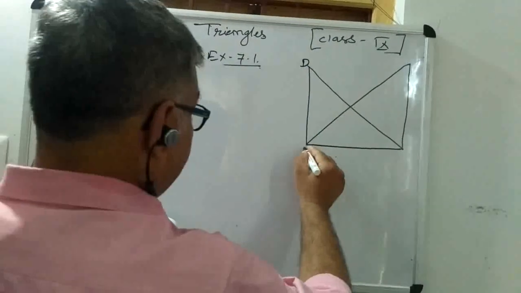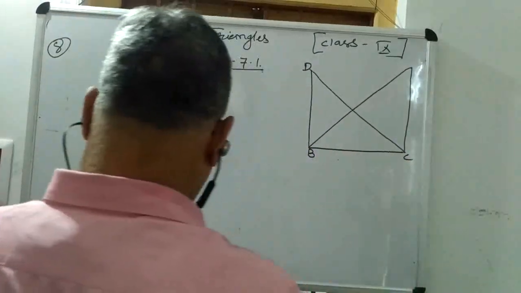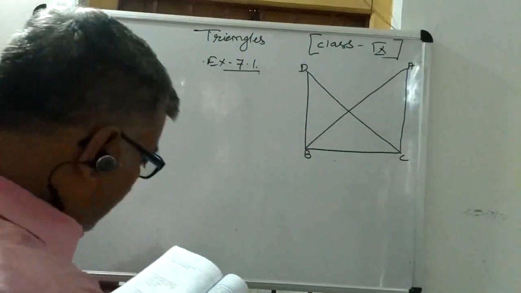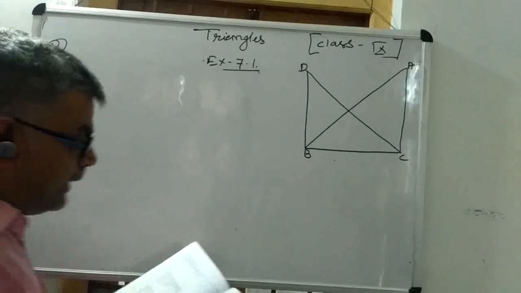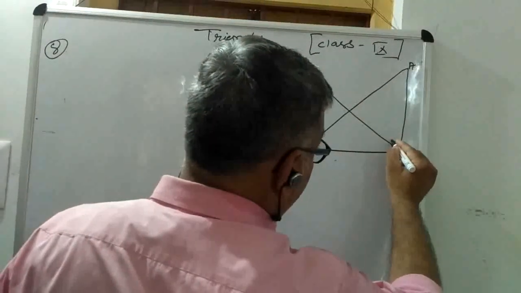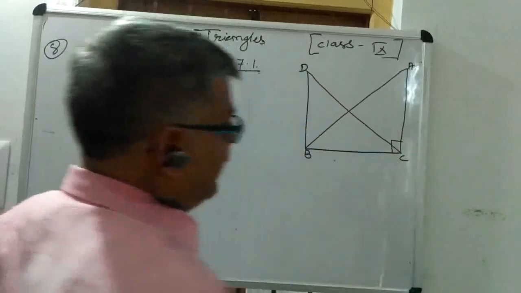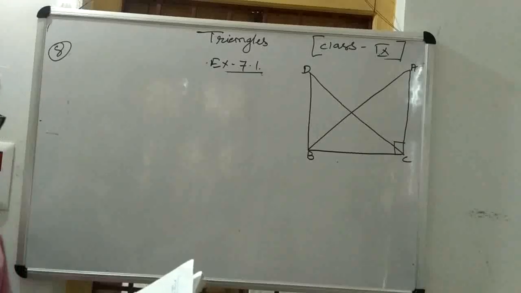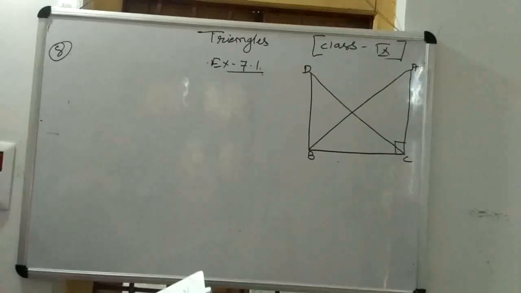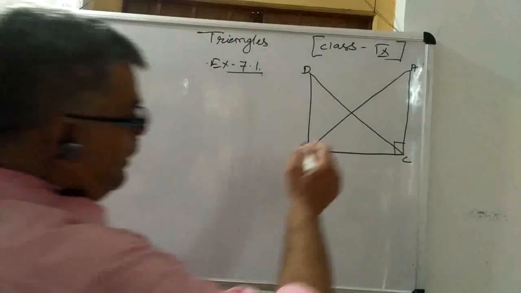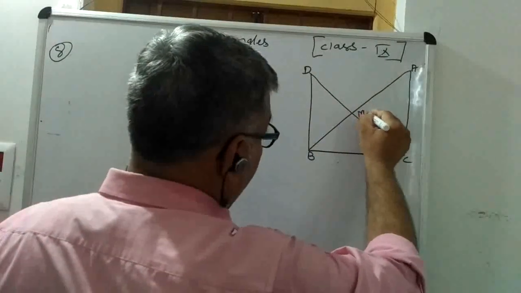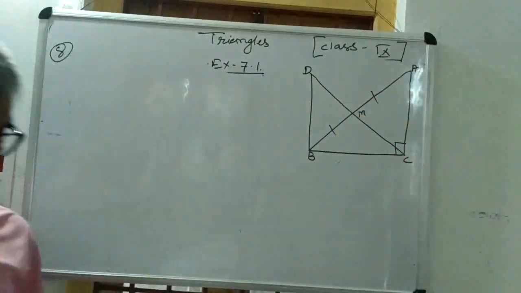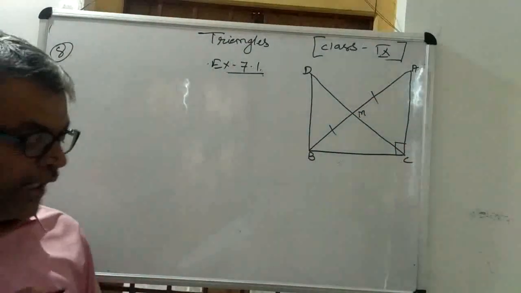This is D, B, C, A. Now in right triangle ABC, right angle at C, sorry, C. M is the midpoint of hypotenuse. This M is the midpoint of hypotenuse AB, that is BM equals AM. C is joined to M.